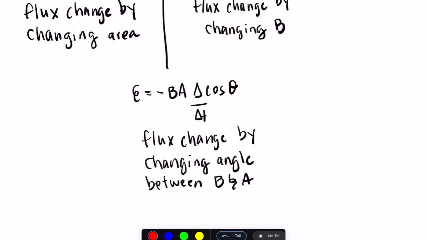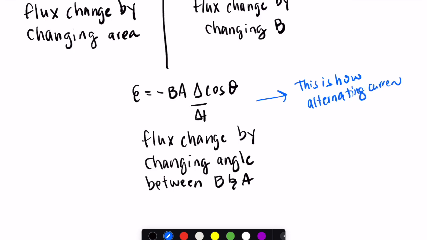And guess what? This is how alternating current is created. Okay, so we're finally getting to that little teaser I did in the beginning of this lecture, right? How do we create alternating current, which we use everywhere for everything? Okay, this is how we do it.